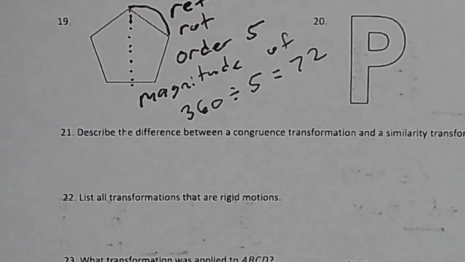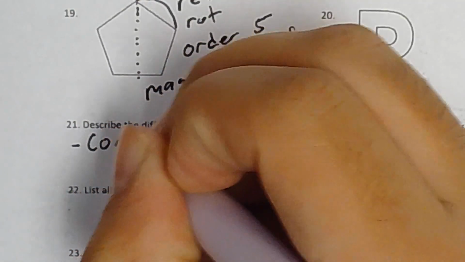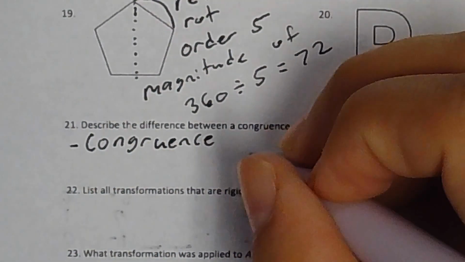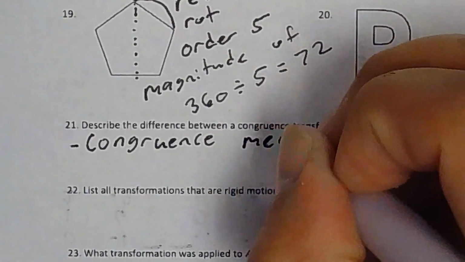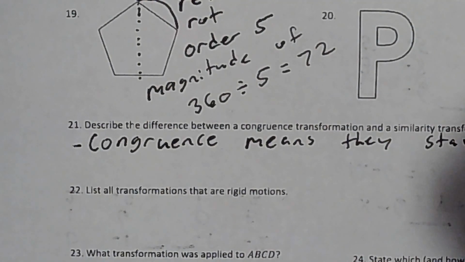All right, for this next one, it's a definition. I don't know if it's on your test, but if it is, it's an easy one, so you just have to copy it down. Congruence means they stay the same.